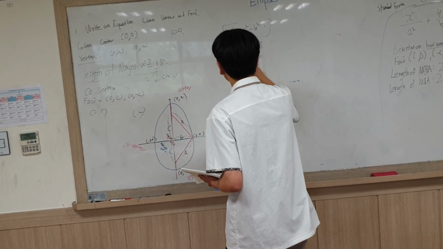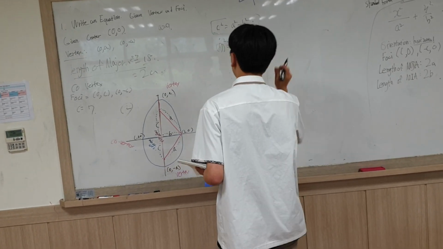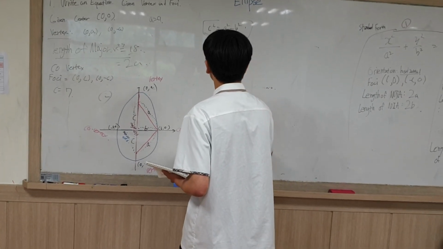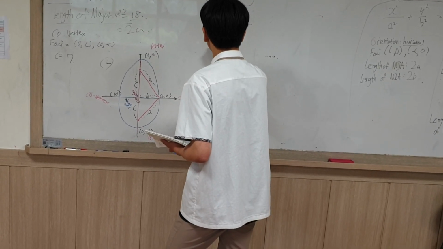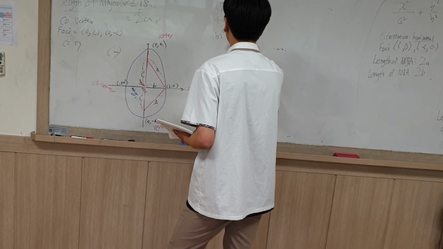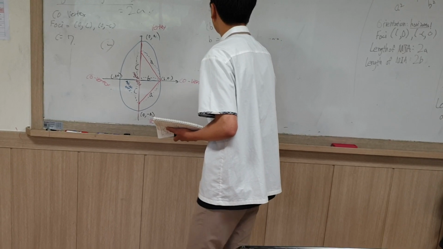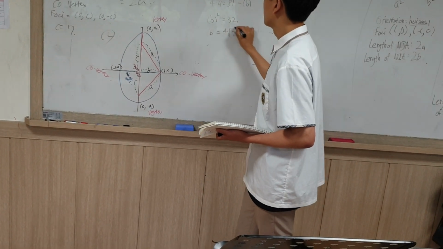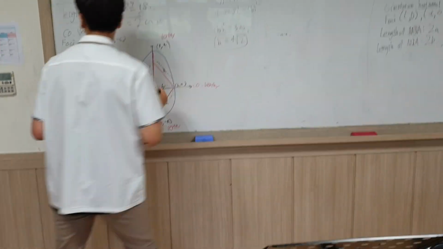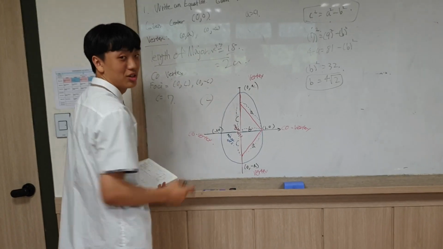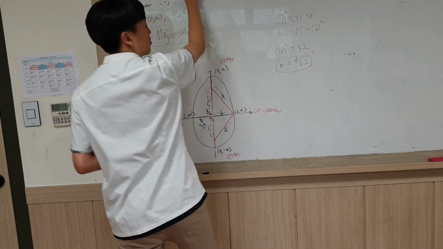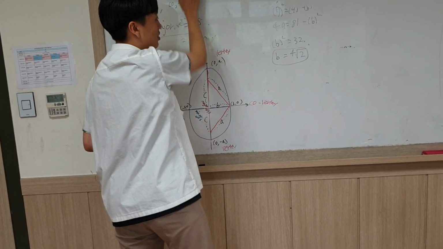So now by doing this, 49, 81, and if I switch, b squared is 32, and b will equal 4 root 2. So this is how you get the length of the co-vertex of this equation. Yes, right.